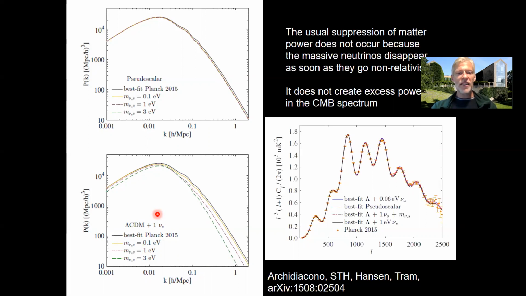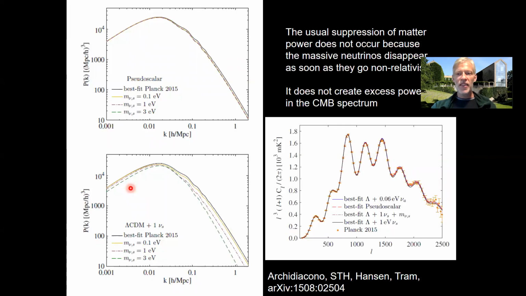So for example, one thing that's of interest, like I said before, is that there's hardly any free streaming effect in this model. So first of all, of course, you do have these acoustic oscillations. Second, this new pseudoscalar is assumed to be very light, and that means that the massive neutrino actually has a new way of escaping.